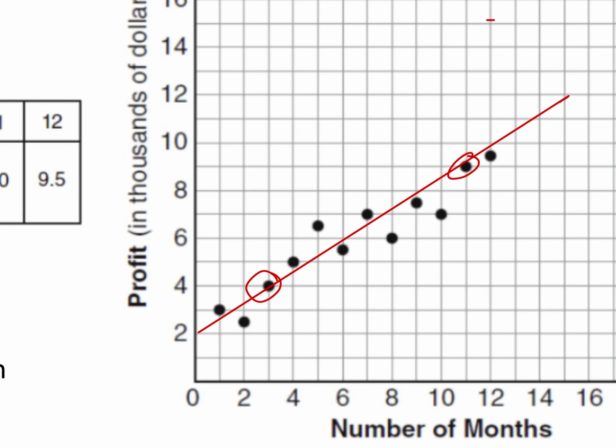Let's use our 2 points here to kind of get a slope. So I can see that from here, that went up to 9. So we went from 4 to 9, so 9 minus 4 is a change of 5. And then we went over from 3 to 11, so 11 minus 3 is 8, okay?